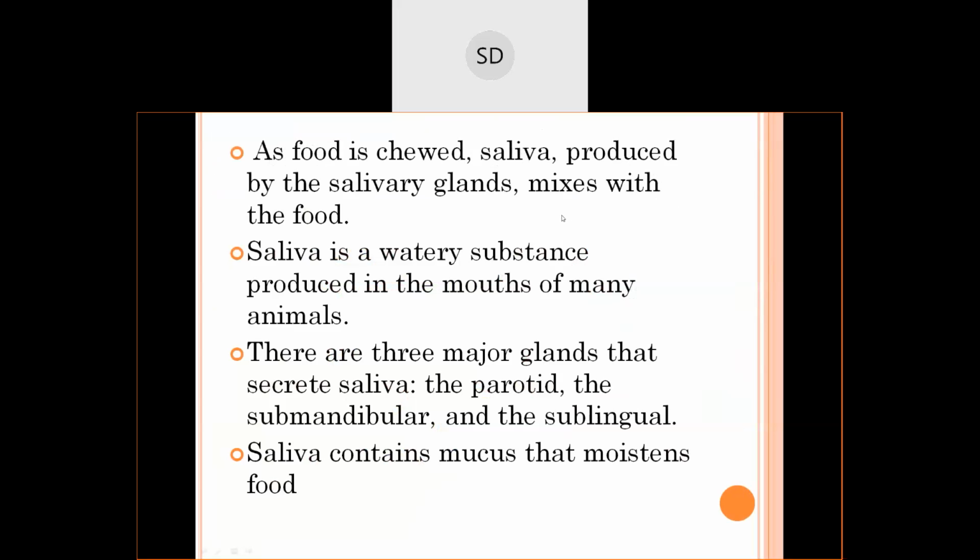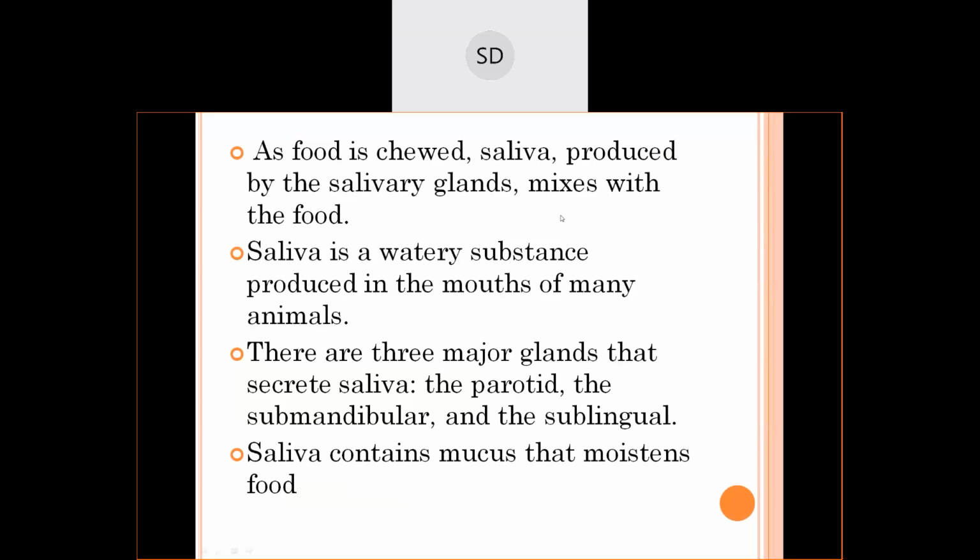As food is chewed, saliva produced by the salivary glands is mixed with the food. Saliva is the watery substance produced in the mouth of many animals.